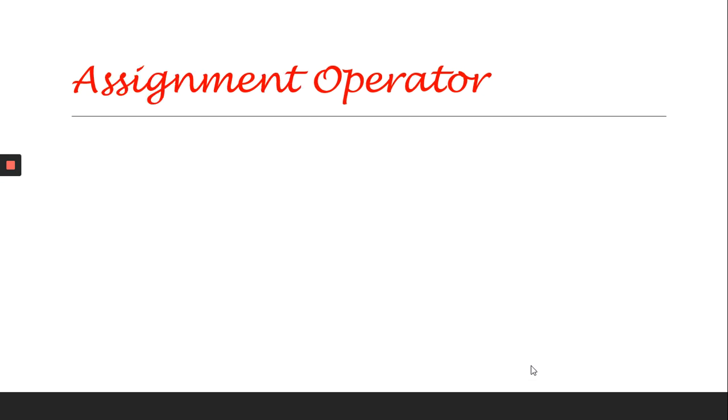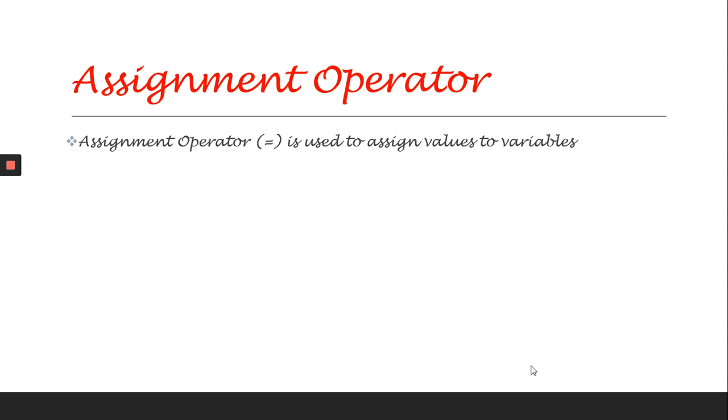Now we are moving on to assignment operator. Assignment operator is equal to. When we want to assign something to something else, we will be using the assignment operator. That is, if we have the example a equal to 3, 3 is assigned to the variable a. Then we see b equal to a, means what?